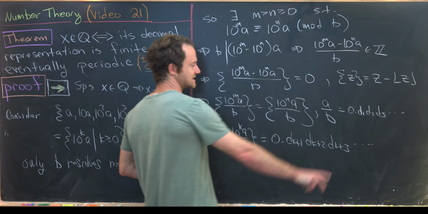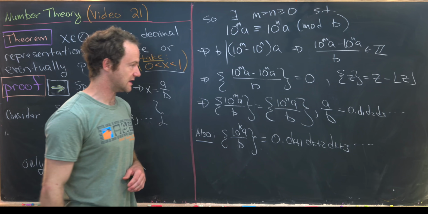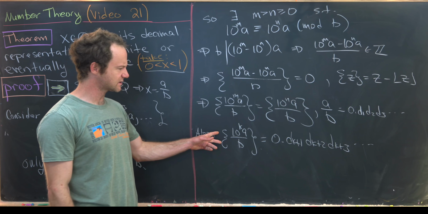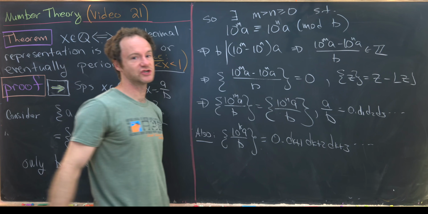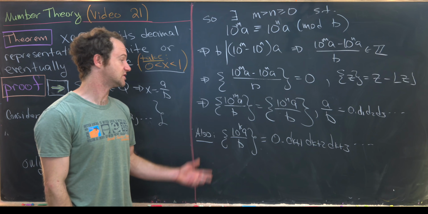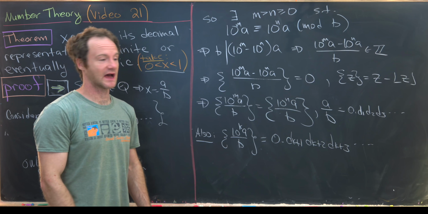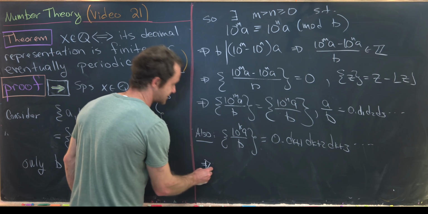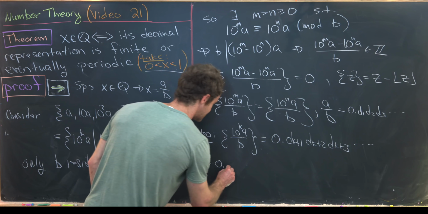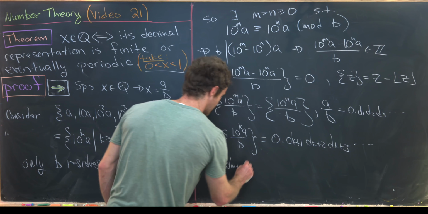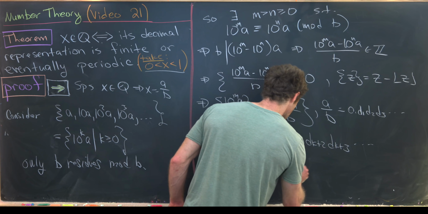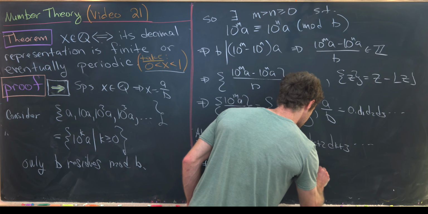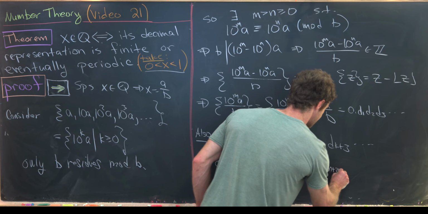Okay, so now we can take this expression for a over b as a decimal expansion, and this little fact that we just noticed, and plug them into this equation involving the fractional parts of these two objects and see what we have. That tells us that 0 point d sub m plus 1, d sub m plus 2, dot dot dot is equal to 0 point d sub n plus 1, d sub n plus 2.